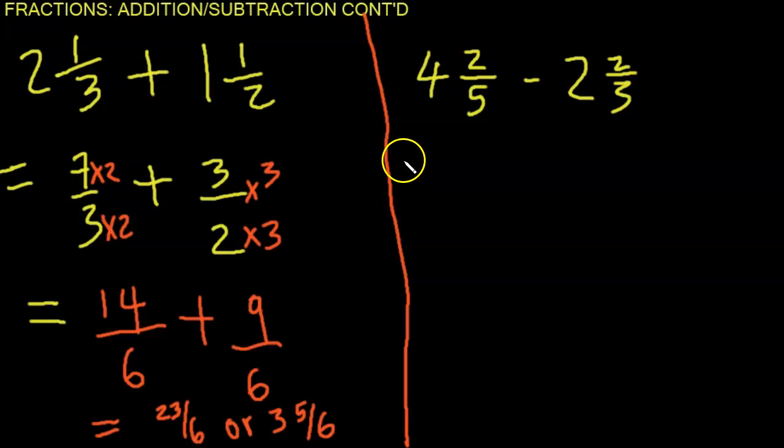Again, convert both fractions to improper fractions. So 5 times 4, 20, and 2, that's 22. And 3 times 2, that's 6, 6 and 2, that's 8.